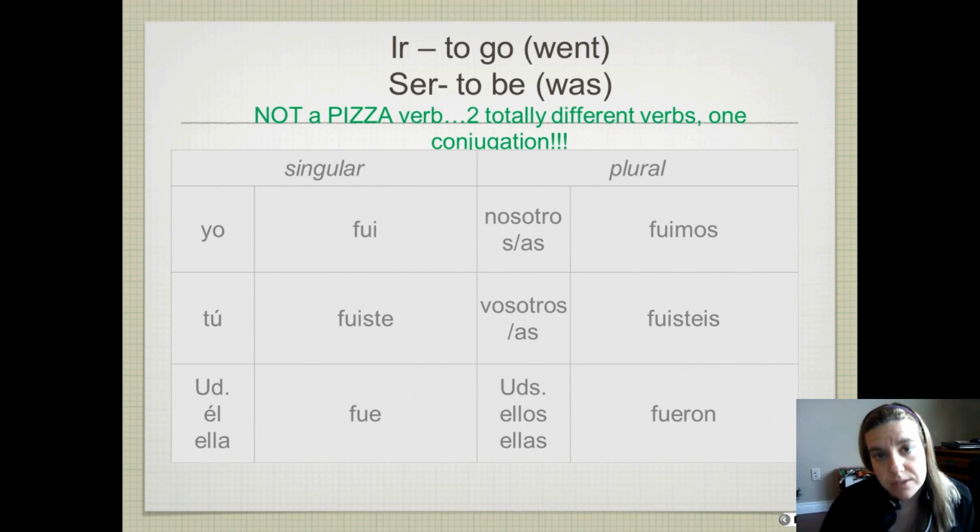It was I went to the school. And if I said, tú fuiste un buen estudiante, you were a good student, not you went a good student. So it is pretty easy to tell using the context which meaning you are trying to use, but you do need a context to put it in because the same exact word has two very different meanings.